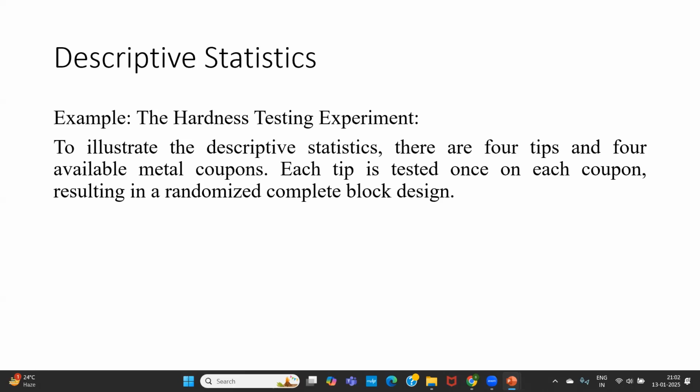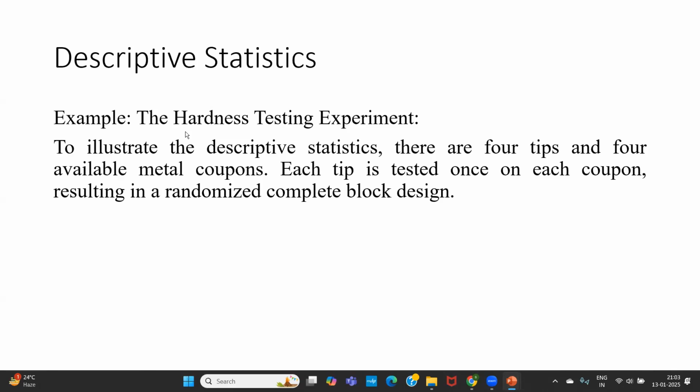What is randomization? Suppose you have different tools and you want to study which one maximizes the yield. Then the tools should be assigned randomly to the different workers, because some workers are experienced and some are inexperienced, and it matters.